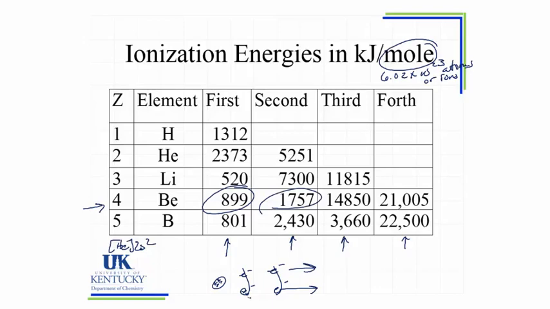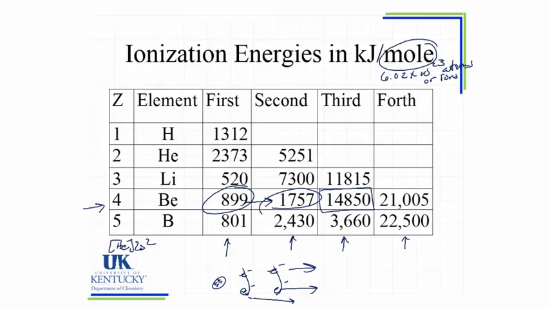We're going to try to remove this one. Well, this one has very little shielding, and it was really close to the nucleus. So we see a huge, while it increased some here, it is a huge increase as we go from the second to a third. That is an indication that the second was still in the outer shell, and we have now reached in and started taking electrons out of the inner shell.